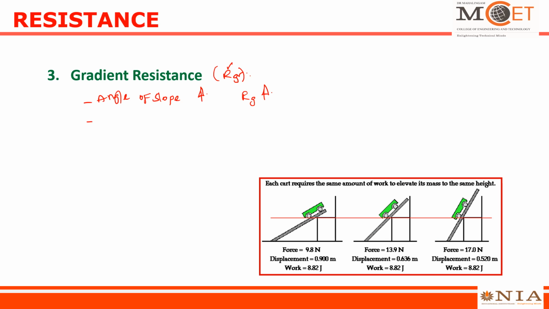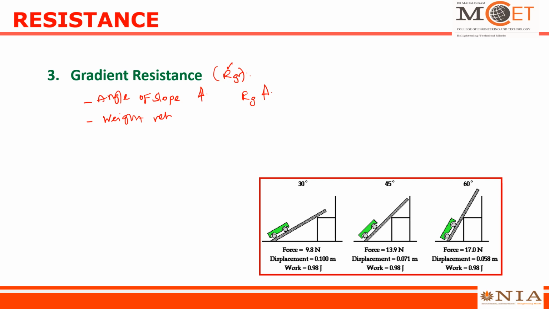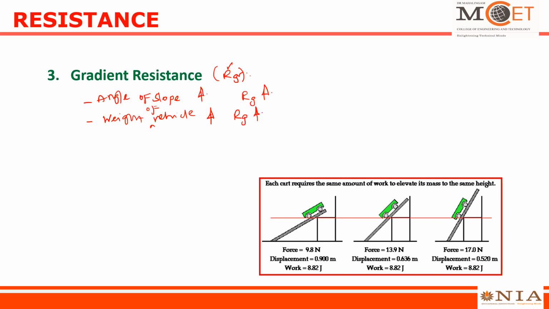It also depends on the weight of the vehicle. If vehicle weight increases, the gradient resistance will increase. For example, let us take this car has 100 kg and 200 kg.